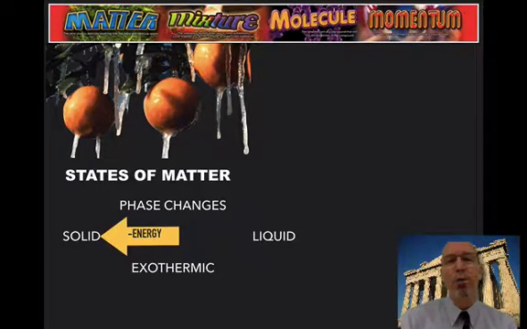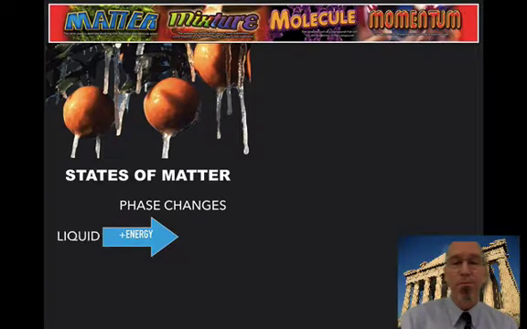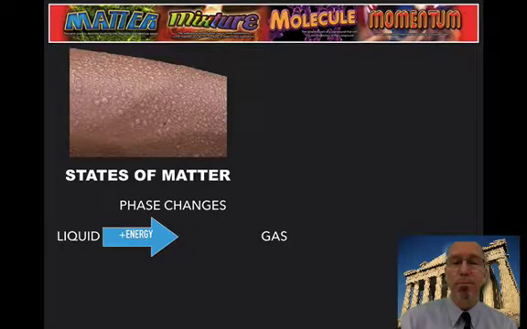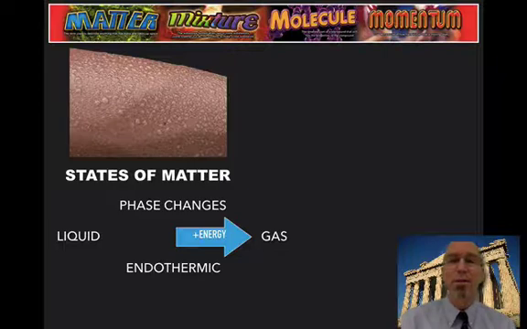Okay, we call that an exothermic reaction. It gives off energy. The energy is exiting. Okay, we go the other direction. If we take a liquid and we turn it into a gas, so here's some sweat, right? Perspiration that goes from a liquid to a gas. That's an endothermic reaction that absorbs energy. Where's the energy coming from to turn it into a gas?